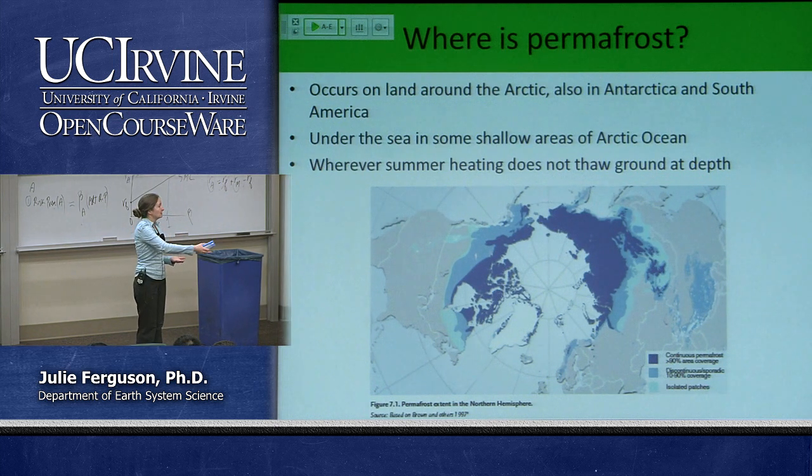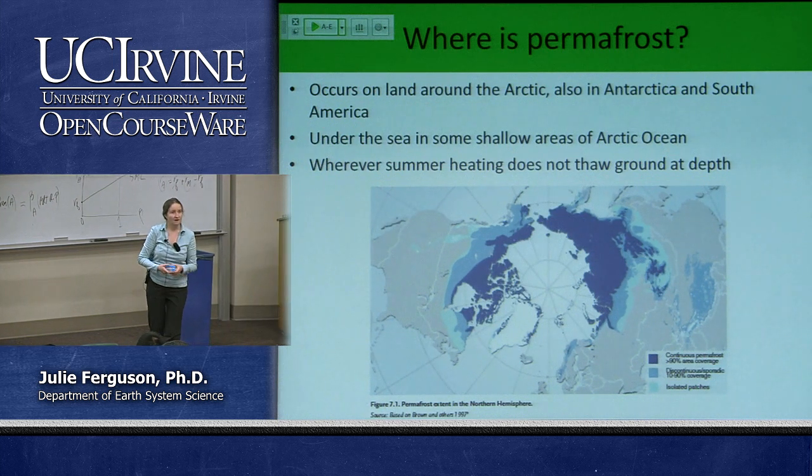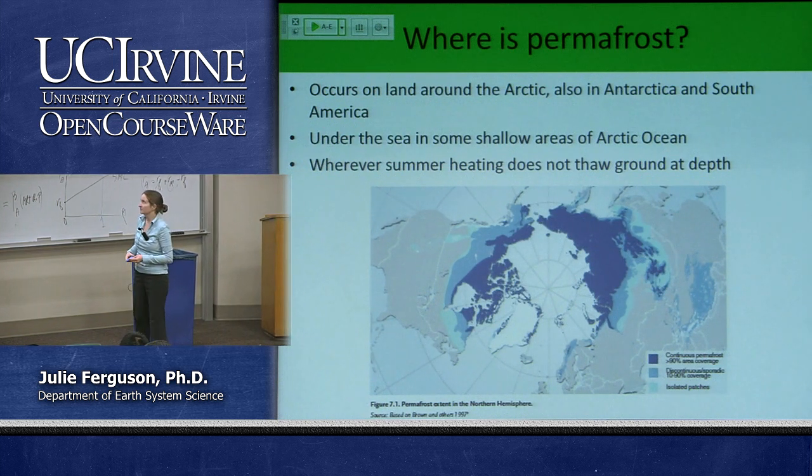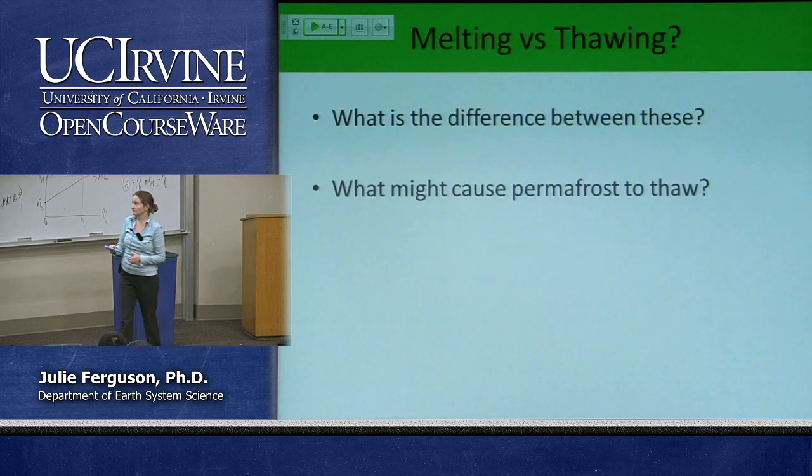And that exposed a lot of this, what's now sea floor, to the atmosphere, and permafrost formed there. So we still have this permafrost which is left over from that last ice age underneath parts of our Arctic Ocean where it's shallow enough. Okay, so we really get permafrost wherever that summer heating doesn't completely melt through our soil.